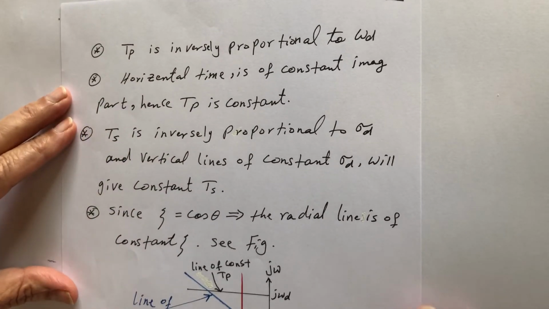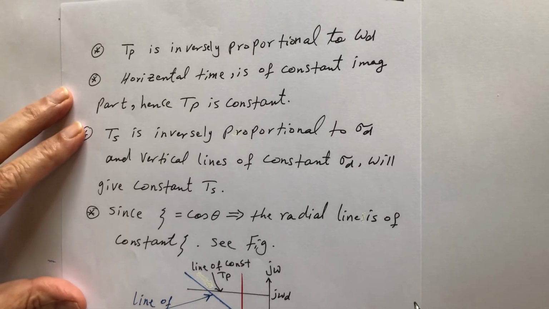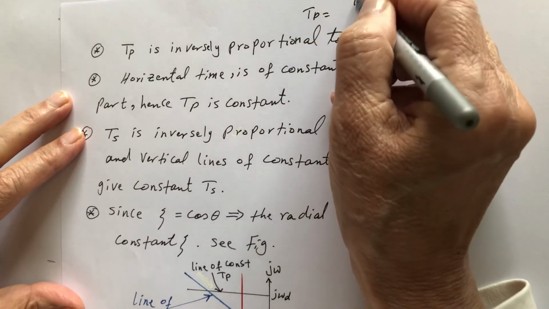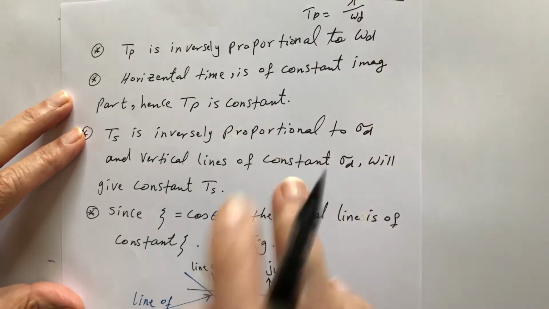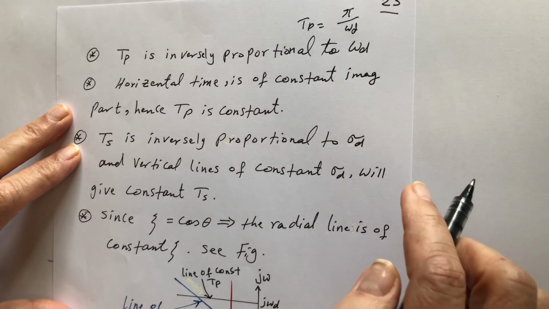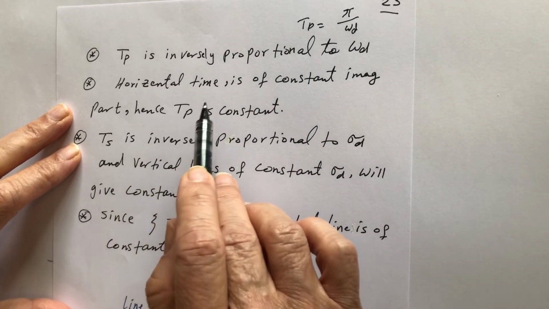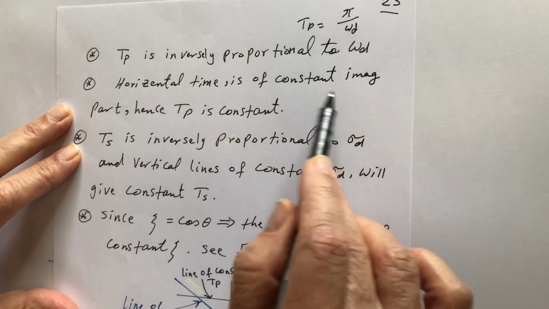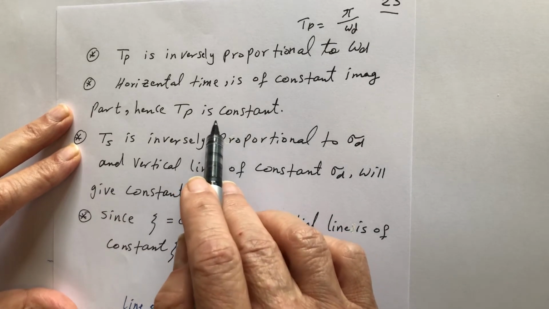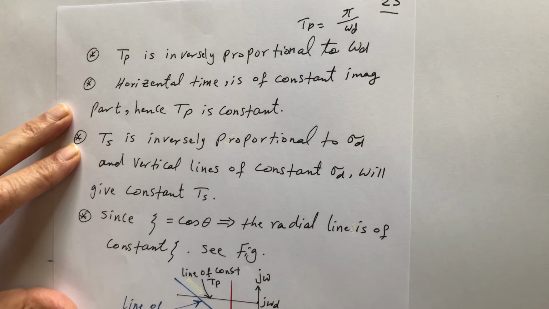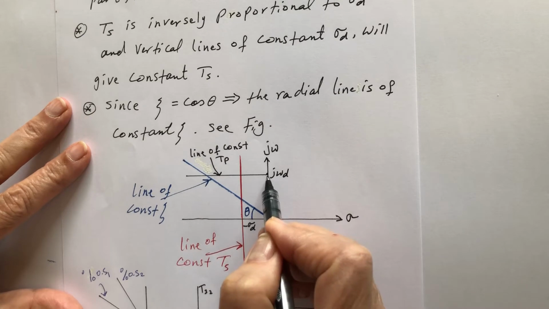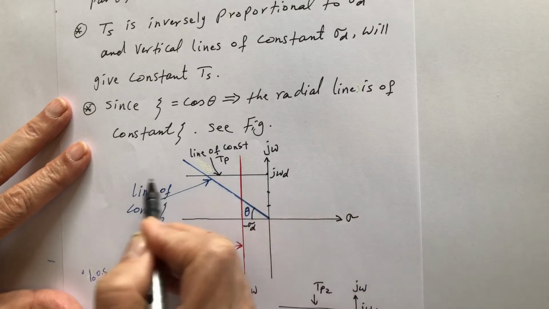Now, Tp, I'll write it here again. Tp equals pi over omega d. So omega d is in the denominator, then Tp is inversely proportional to omega d. A horizontal line is a line of constant imaginary part, hence Tp is constant. So if we have this S-plane and I have j omega d constant, I can make a straight line here.